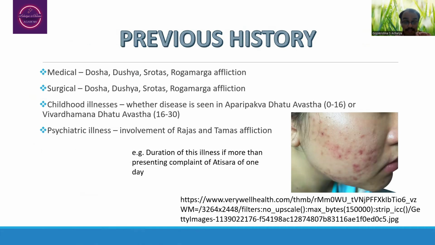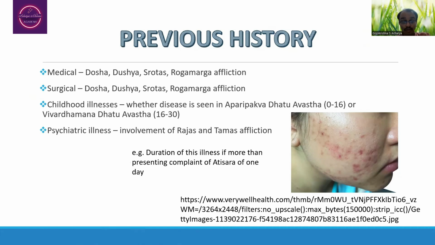Regarding the surgical illnesses, again, by looking into the surgical history, we may predict what dosha might be afflicted, what dushya, what srotas, and what possible rogamarga affliction. For example, if the person has had a hemorrhoidectomy, we may suspect the possible dosha affliction could be Vata dosha.